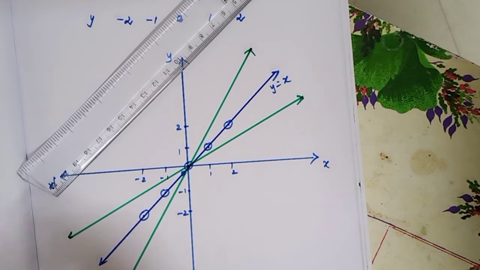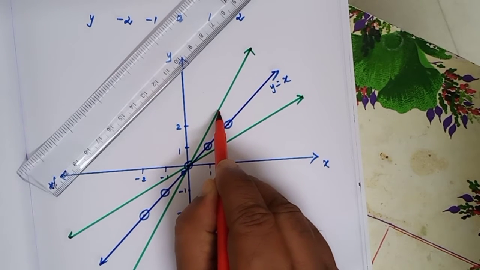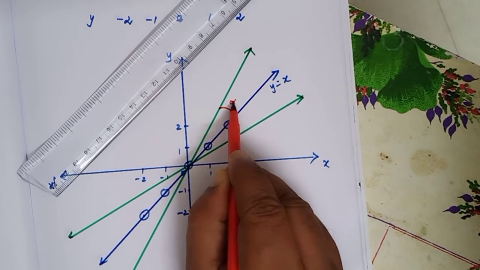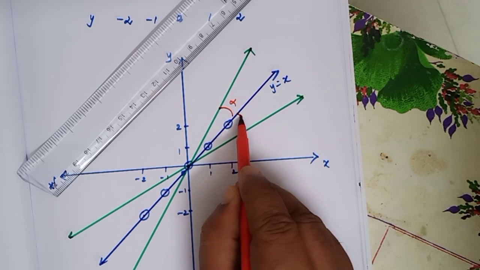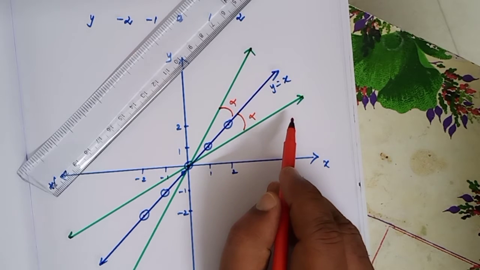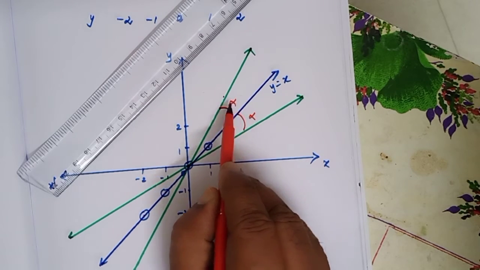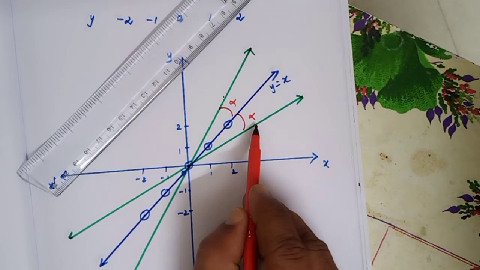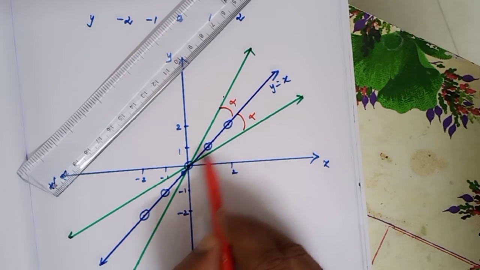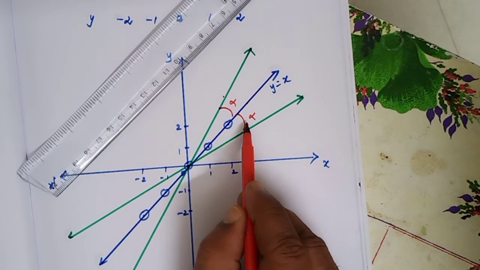The angle between these two is alpha, for these two also alpha. The angle between this green line and the line y equal to x is alpha, and the other green line, also passing through the origin, with the line y equal to x is also alpha.